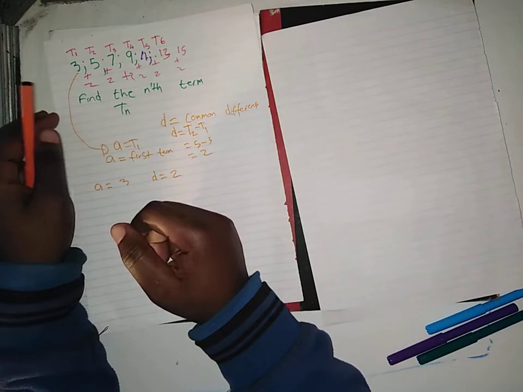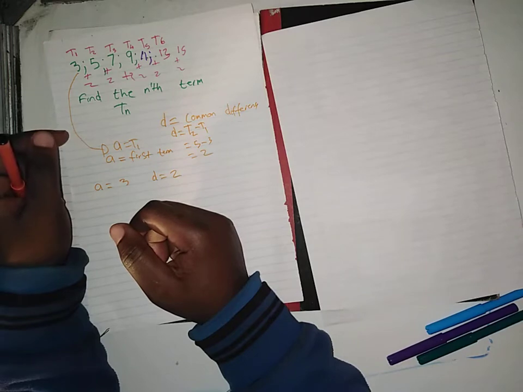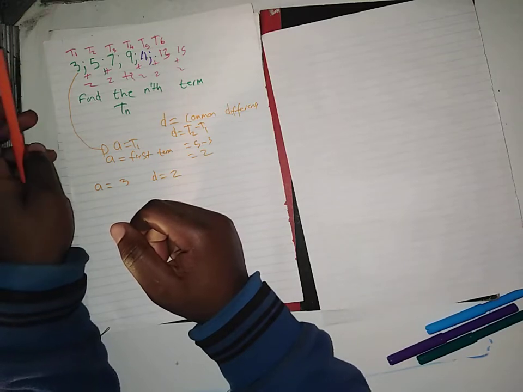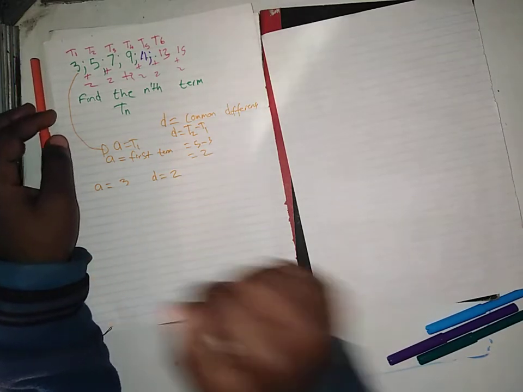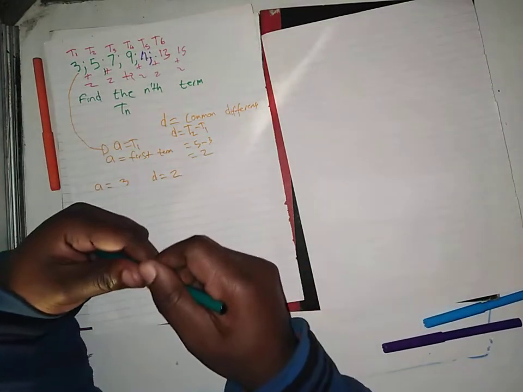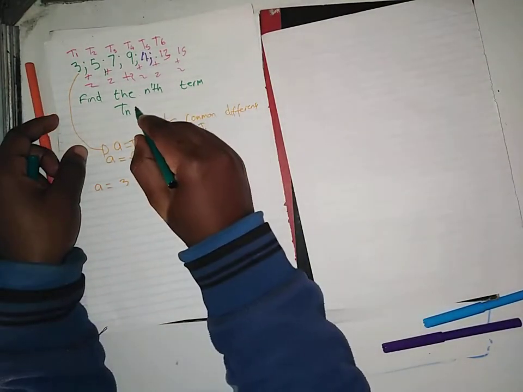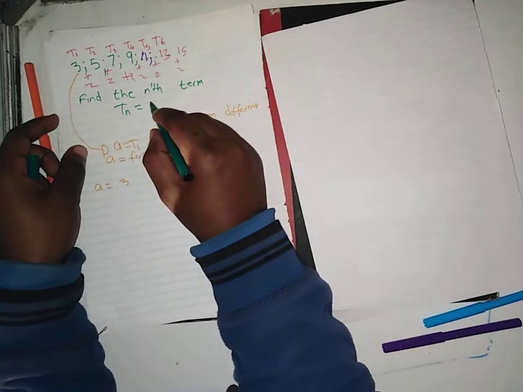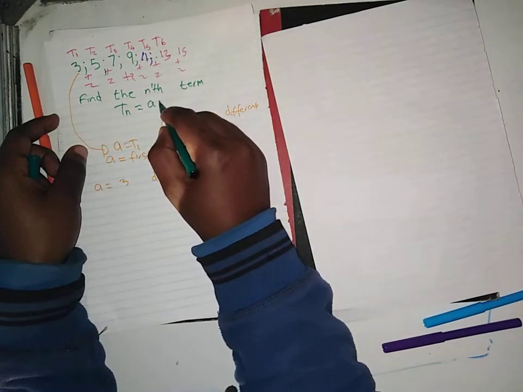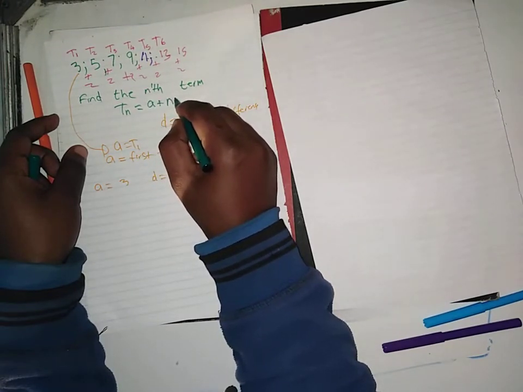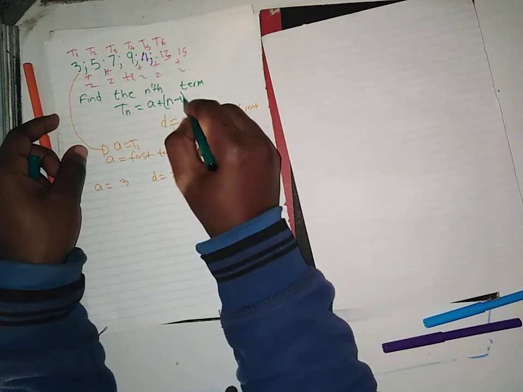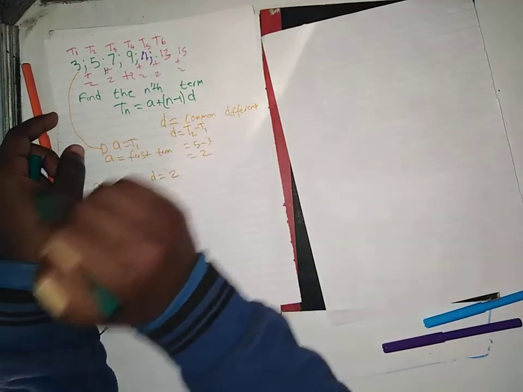Okay, so now when you've got a linear pattern, there is an equation that drives each and every linear pattern that you can ever come across. And then what is that equation? That equation is Tn, which is equal to A plus (n minus 1), in brackets, multiplied by D.